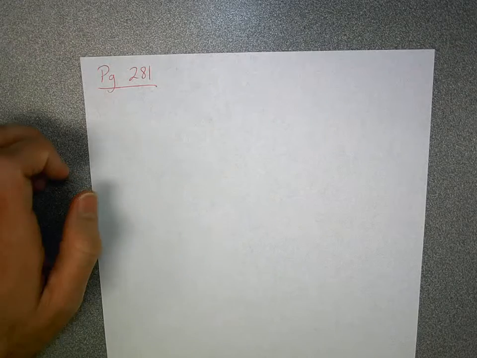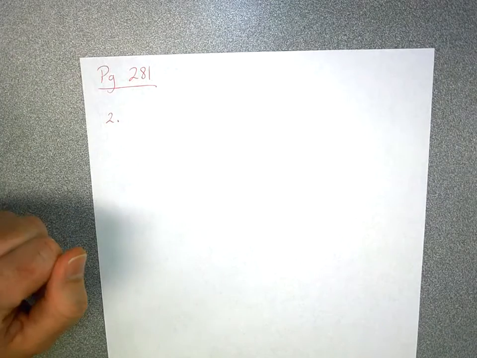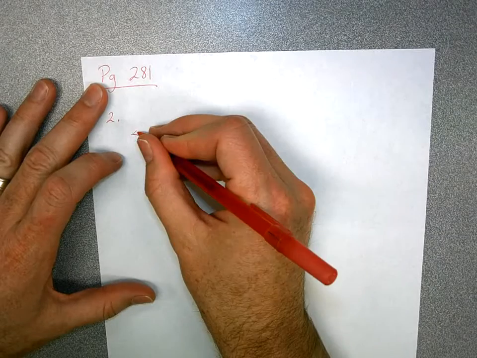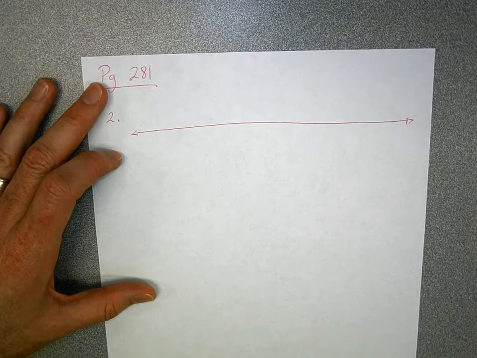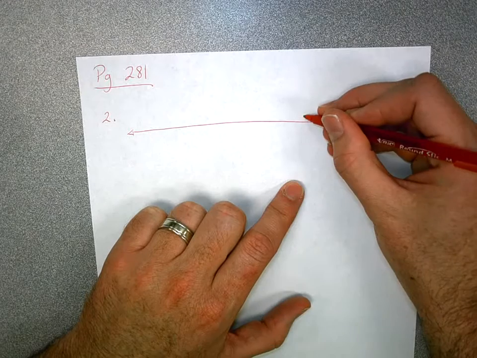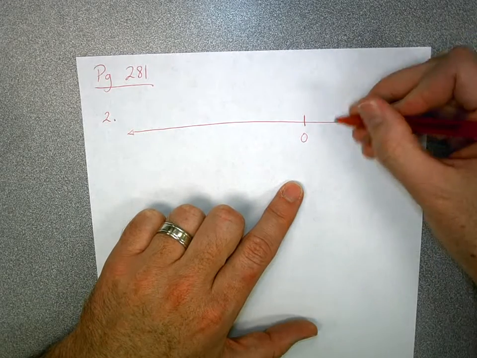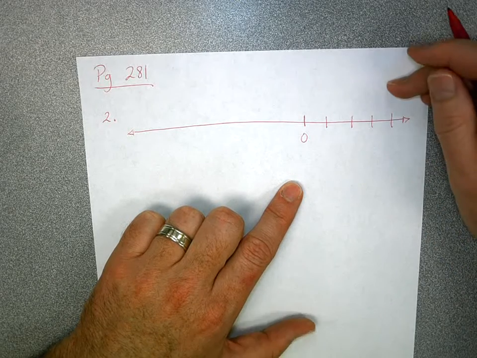Okay, so on page 281, let's start by looking at problem number 2. Now the nice part about this lab is they have the number line halfway built for you. What's already on your number line is 0, and to the right, they have 4 lines, 1, 2, 3, 4.